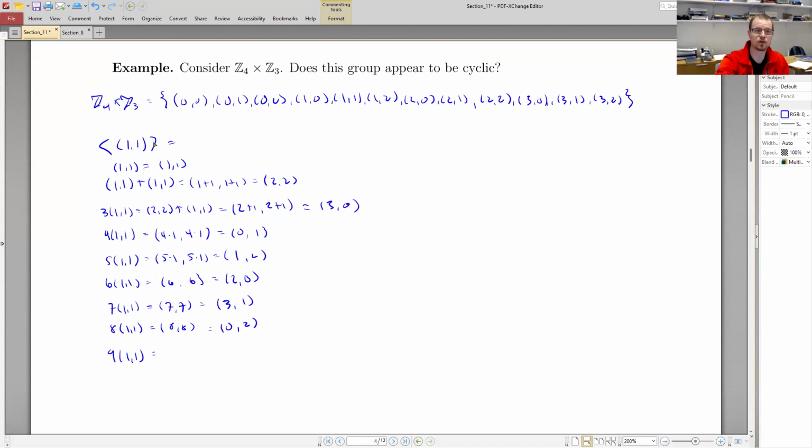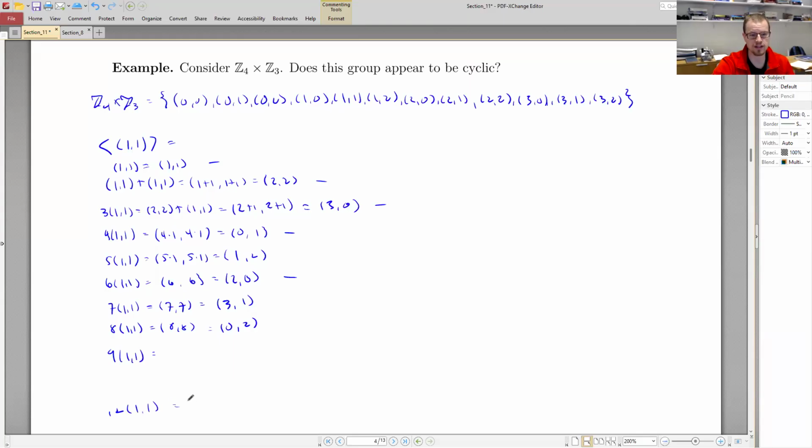That means that the order of (1,1) could have been 1, 2, 3, 4, 6, or the next thing that it could be is the entirety of the group at 12.